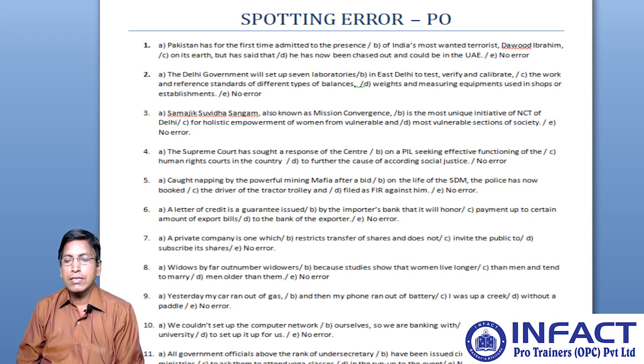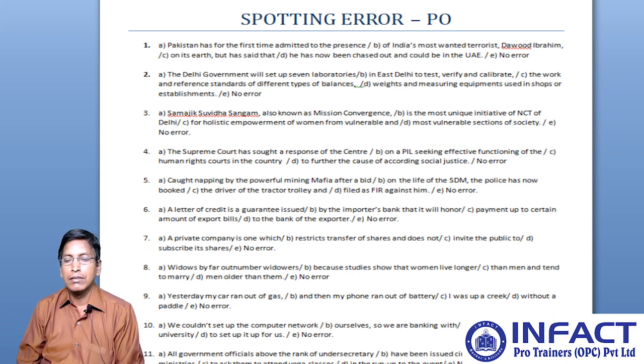Samajik Suvidha Sangam, also known as Mission Convergence, is the most unique initiative of NCT of Delhi for holistic empowerment of women from vulnerable and most vulnerable sections of society. So where does the change lie? Is there any change in this sentence, or is there no change?